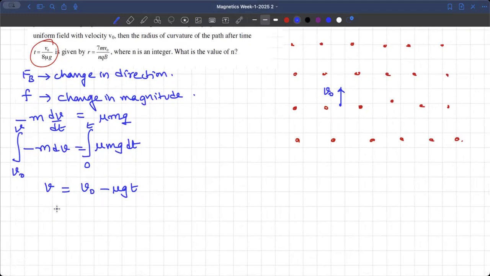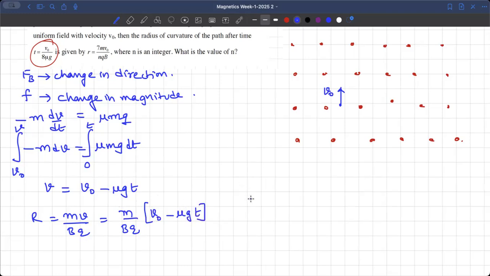Now, what is the radius of curvature at any time? mv by bq. That is the radius of curvature, because this radius of curvature contributing part is strictly magnetic field. This is nothing but m by bq times v0 minus mu gt.